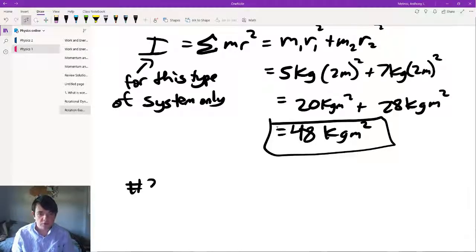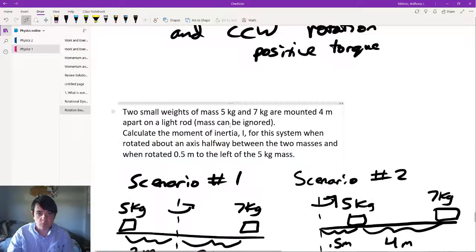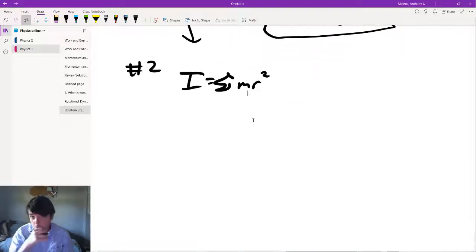Scenario number 2 is, again, you're going to use this formula, but it's for this type of system only. Okay, again, it changes based on the type of system, distribution of mass. There's a reason it said light rod with no mass. A rod has its own moment of inertia. Sphere has its own. Cube has its own.